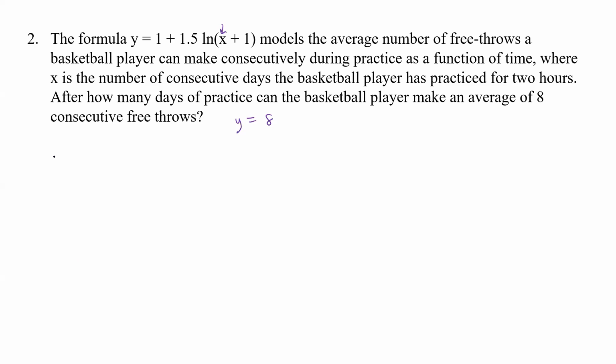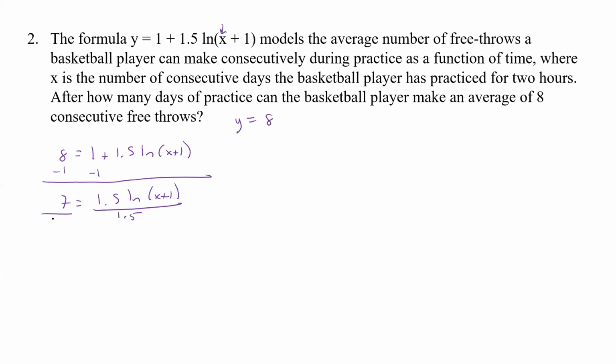So if we do that, we're going to have 8 equals 1 plus 1.5 ln of x plus 1. So I'm going to subtract 1. 7 equals 1.5 ln x plus 1. I'll divide by 1.5. And so now I have 7 over 1.5, and I'll just leave it as that for right now. And that's equal to the ln of x plus 1. Okay.